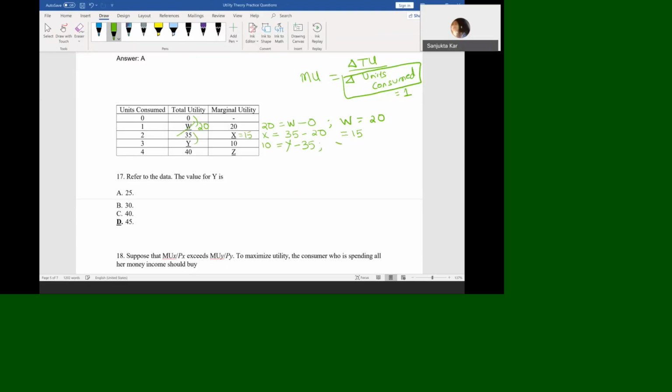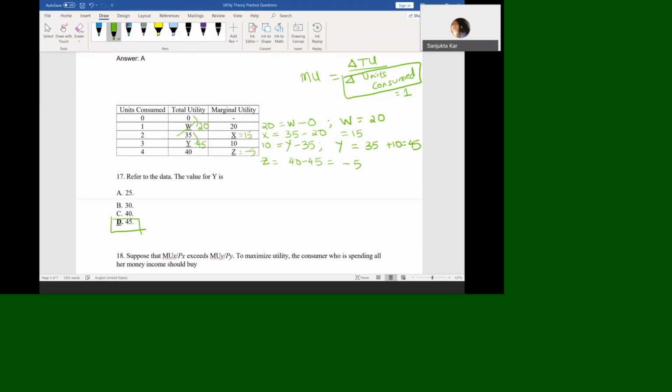So Y will be equal to 35 plus 10, which is equal to 45. That's our answer. Now I have to solve for Z. Z is equal to 40 minus 45, which is equal to -5. The marginal utility can be a negative number.